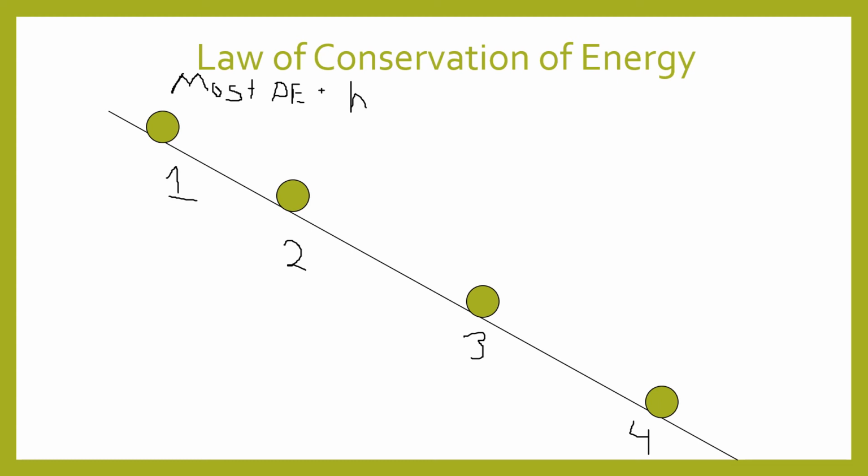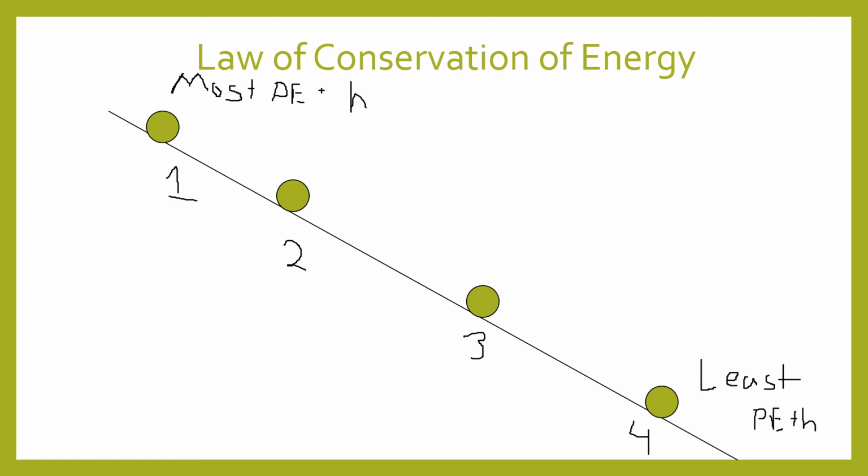As the ball rolls down the hill, spot 4 is going to have the least PE and height, because as it rolls down the hill, it loses height and therefore loses potential energy.